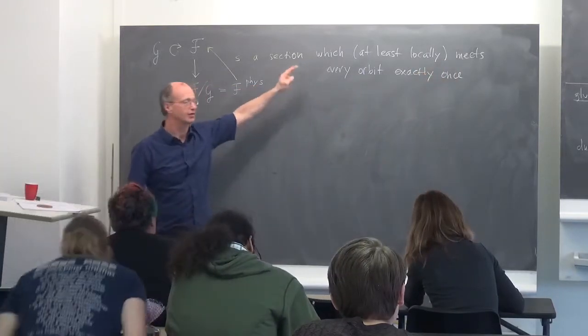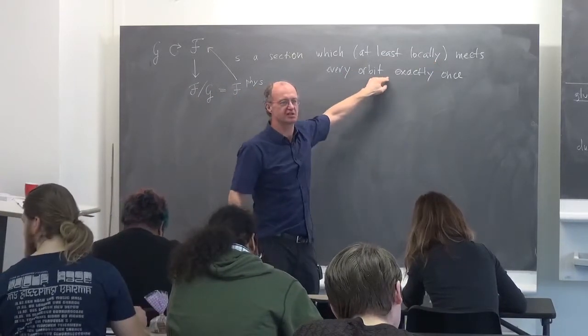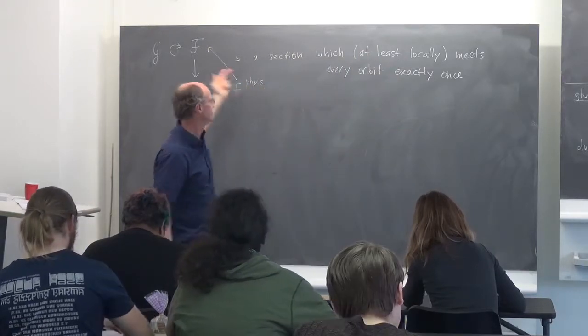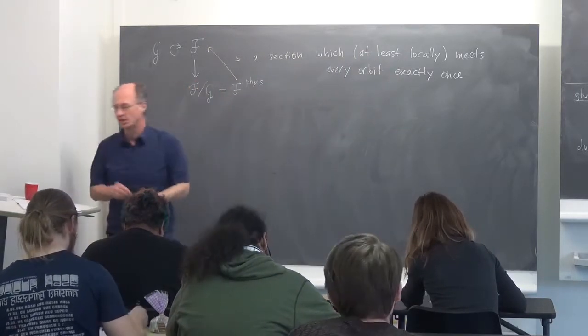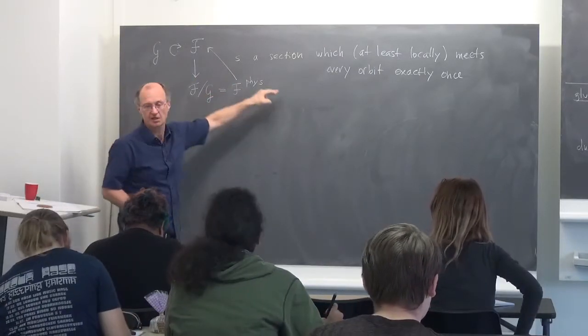Of course, this disclaimer, at least locally, more or less annihilates the rest of what I'm saying. But still, this is our intention. So that's one of the ways to study F physical.